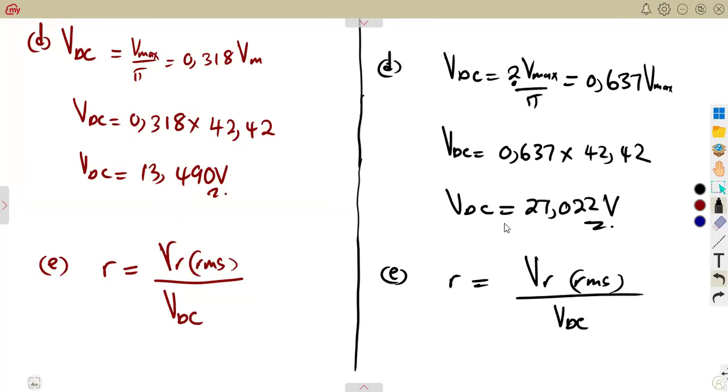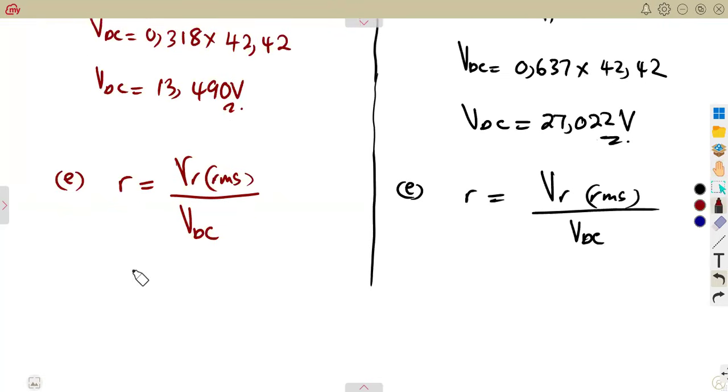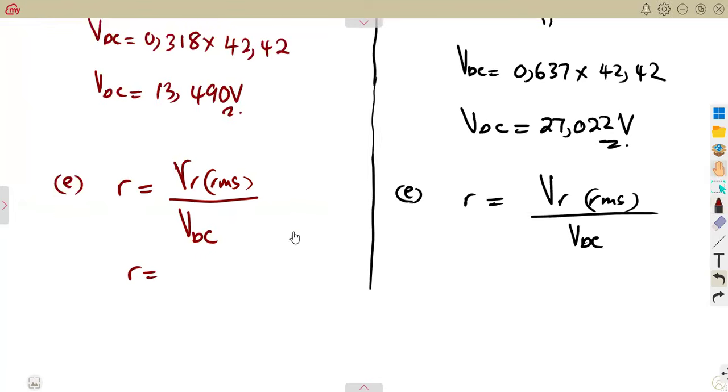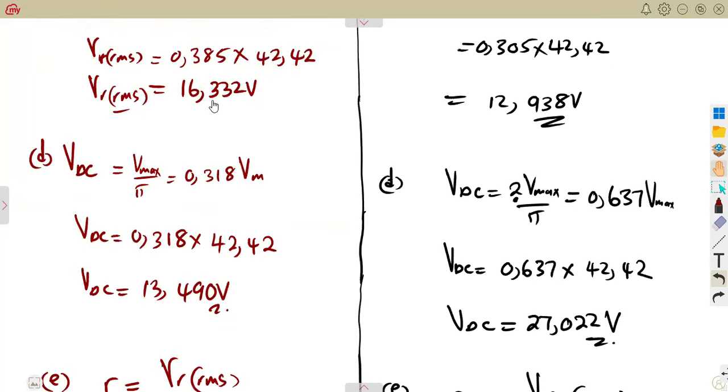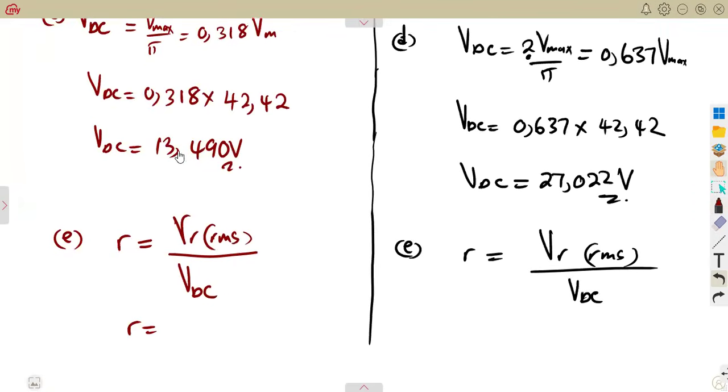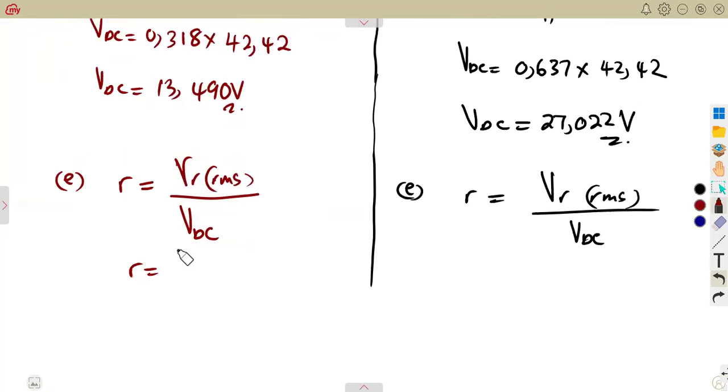So you use it accordingly. According to the half wave, our RMS ripple voltage, the one that we got, was 16.332. So you're just going to take that. Your VDC was 13.490.